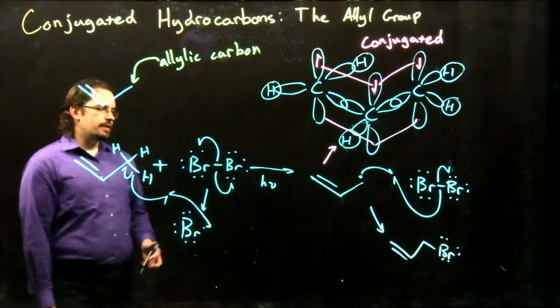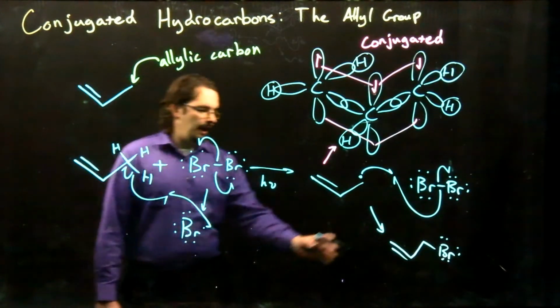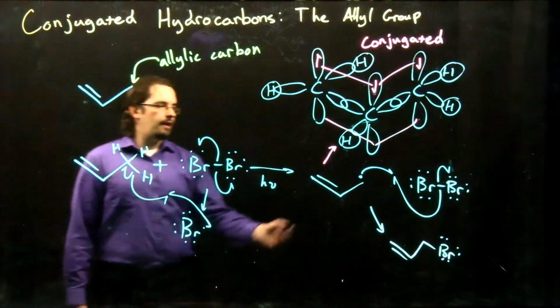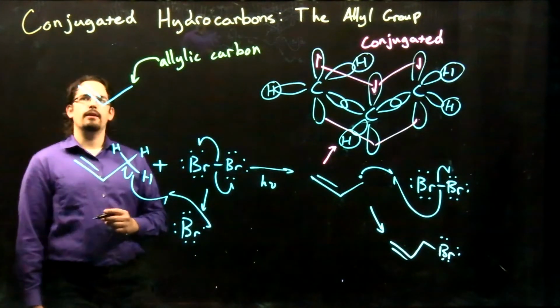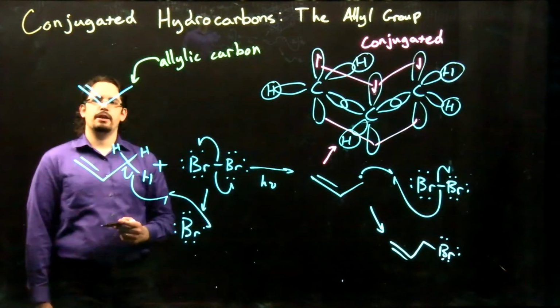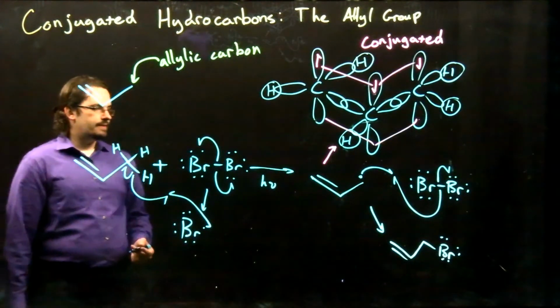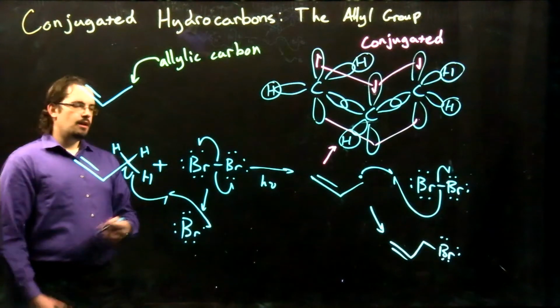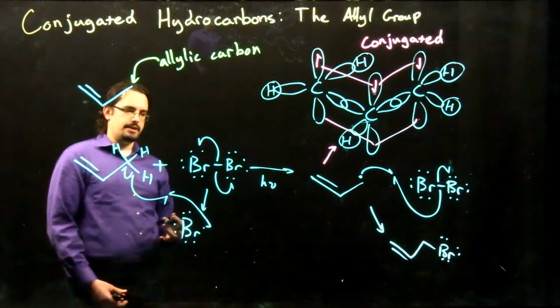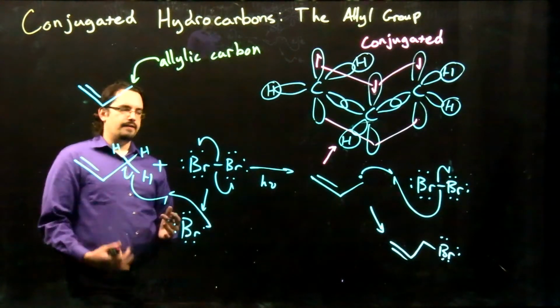Now, of course, the advantage here of our reaction is that now we have a specific reactive site, right? Our radical really wants to be next to that alkene where it can be stabilized by this conjugation effect and that resonance delocalization. Remember, one of the problems that we've had with our alkane halogenation reactions is that they're not all that selective, right?